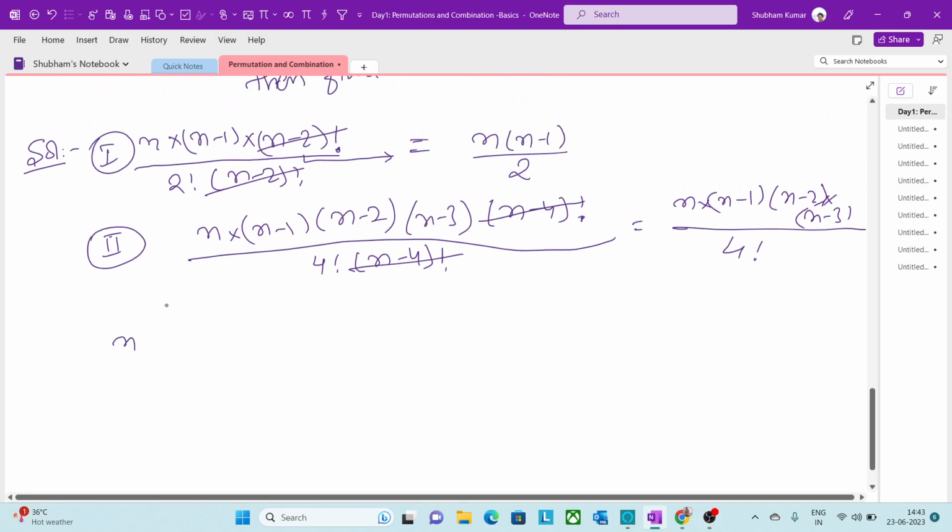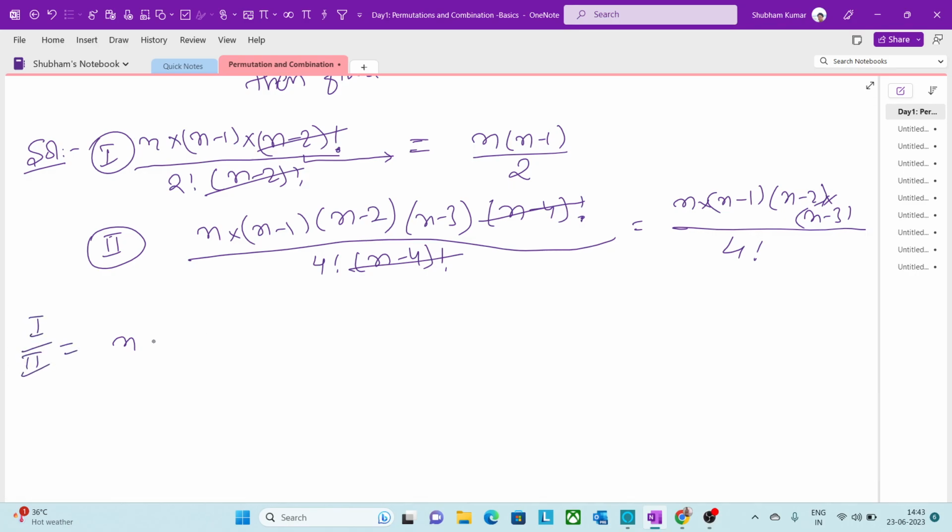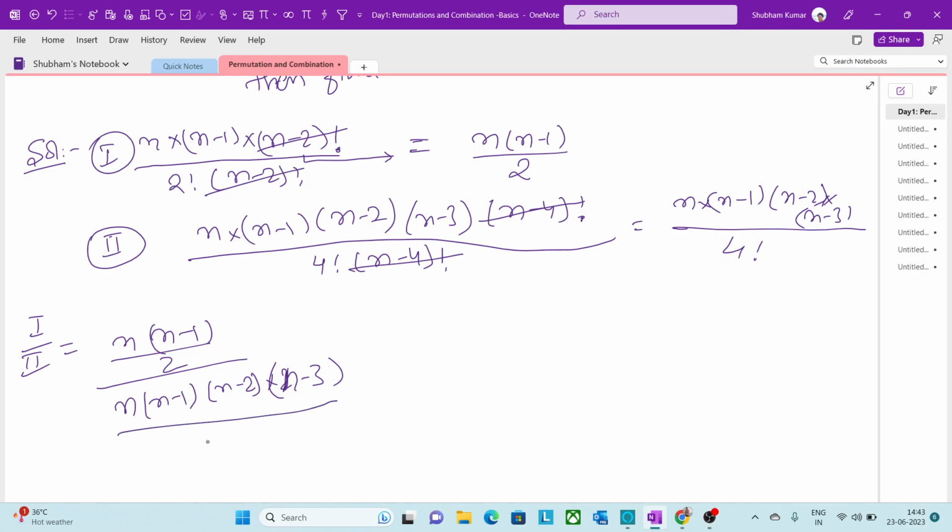We have already simplified the first one, so 1 divided by 2 will basically give me n into n minus 1 by 2 divided by n into n minus 1 into n minus 2 into n minus 3 by 2.